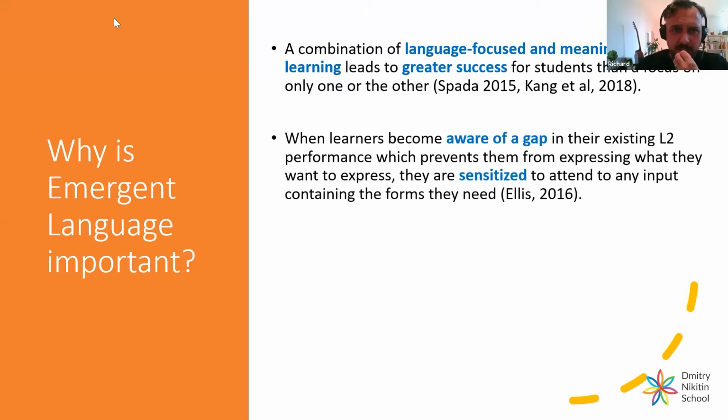Ellis says this, and I think this is interesting. That's when he's talking about, I think, task-based learning, but certainly when things become noticeable for students. Yeah, when learners become aware of a gap in their existing L2 performance, or LX performance, however many other languages they speak, which prevents them from expressing what they want to express, they're sensitized to attend to any input containing the forms they need.